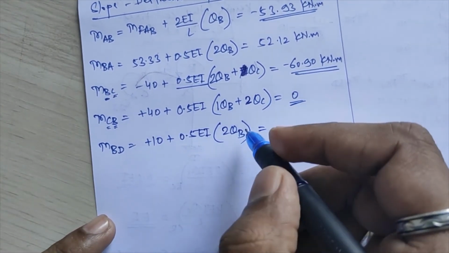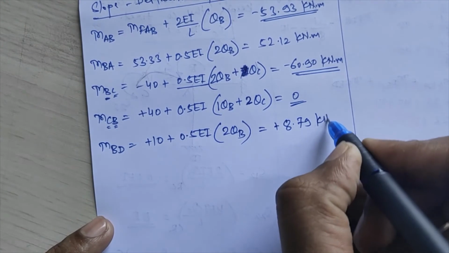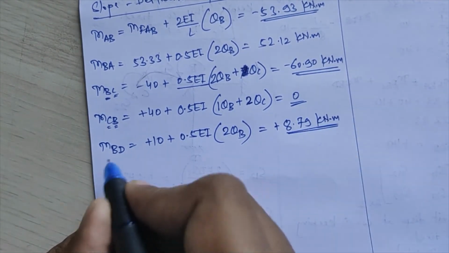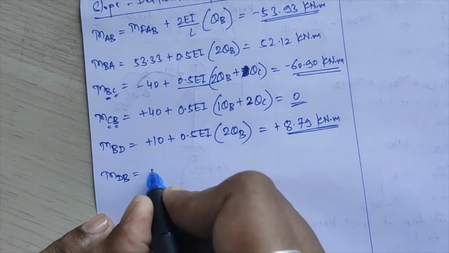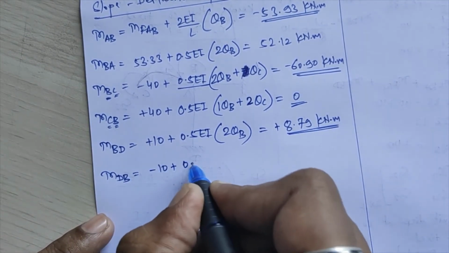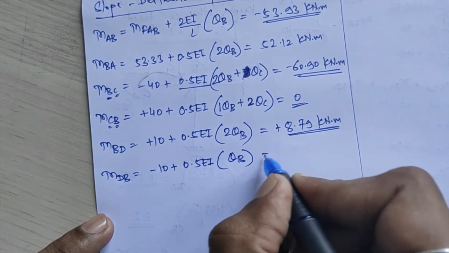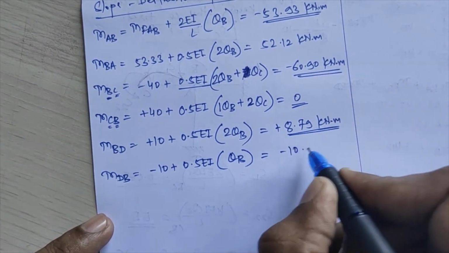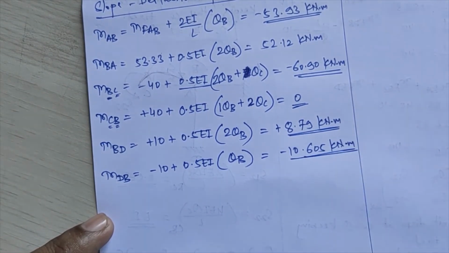So if you substitute theta B here, I will get this as plus 8.79 kilonewton meter. And the last, MDB, that will be your MFDB minus 10 plus 2EI upon L as 0.5 EI into bracket theta B, so this I have got as minus 10.605 kilonewton meter.